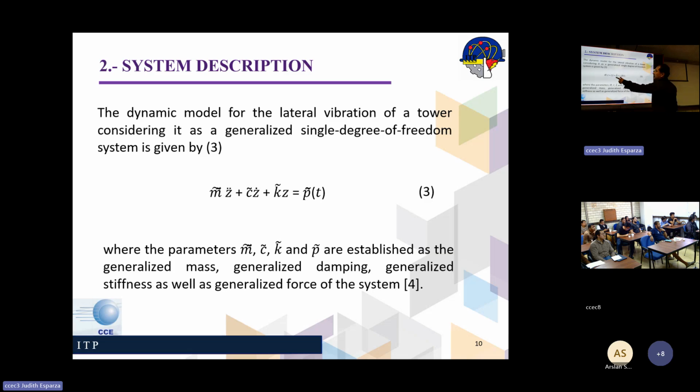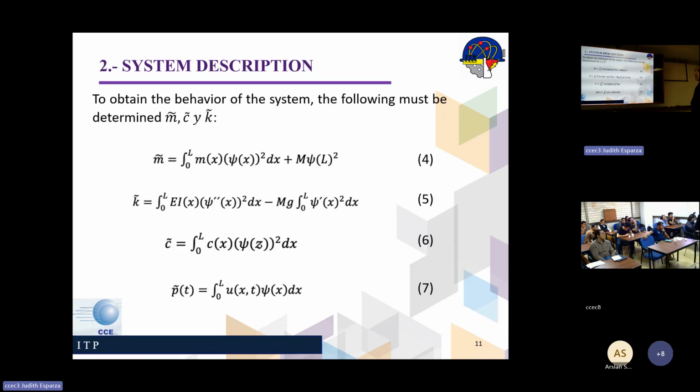With this model of motion, we can find the natural frequency with the generalized mass, damping, and stiffness. The mass and damping have specific mathematical expressions.